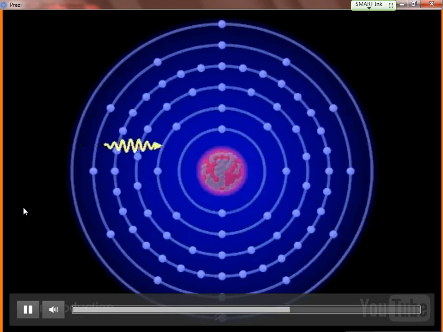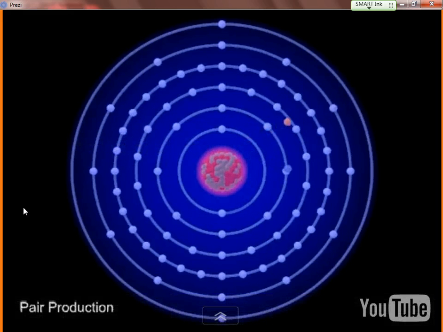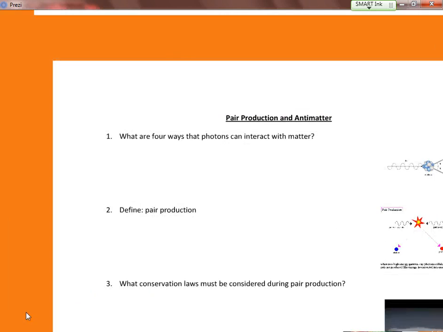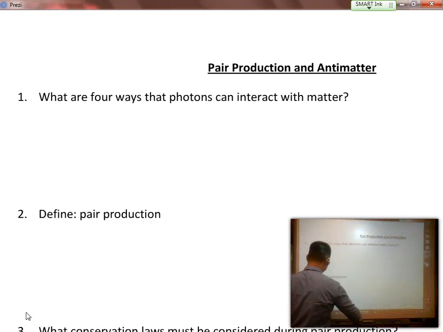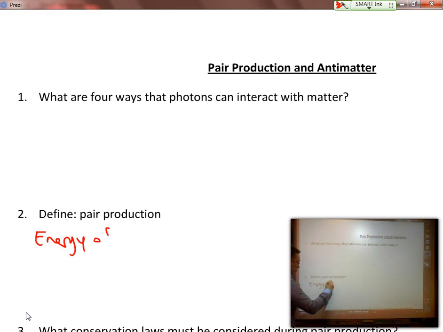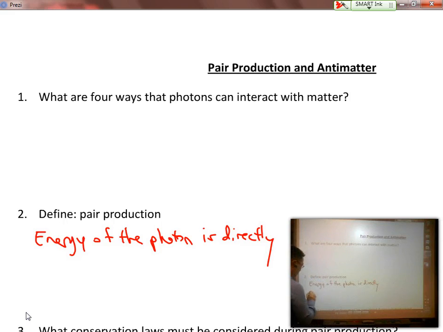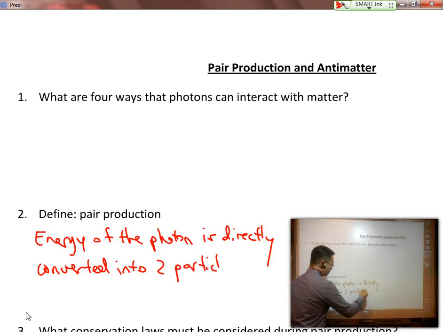So in pair production, the photon knocks into the nucleus and actually turns into a pair of particles. So in pair production, the energy of the photon is directly converted into two particles. In fact, they're two special particles.